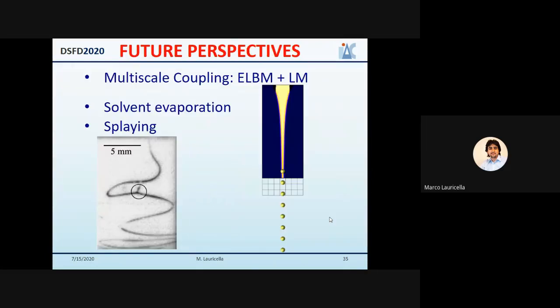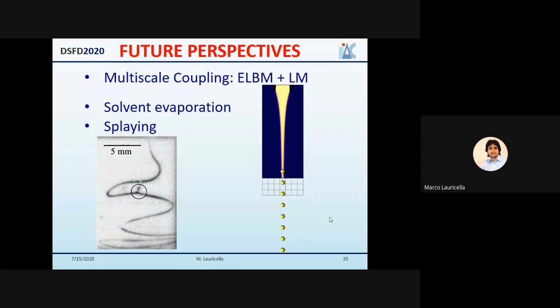As a future perspective, what is still lacking in my opinion is probably a multi-scale formulation able to take the best of the two computational tools. On one side, we have the lattice Boltzmann, which can be easily used to model the formation of the spinning jet at the nozzle.